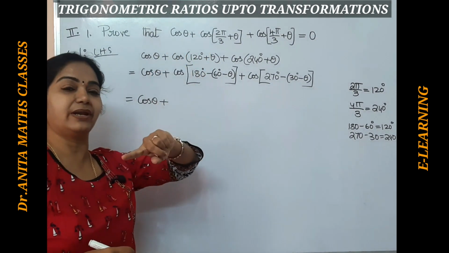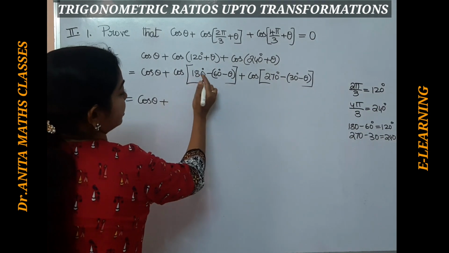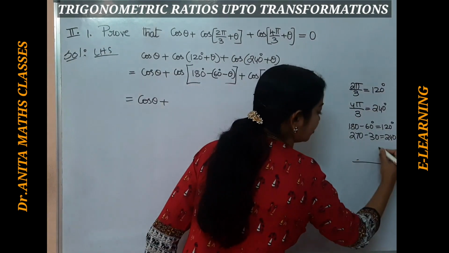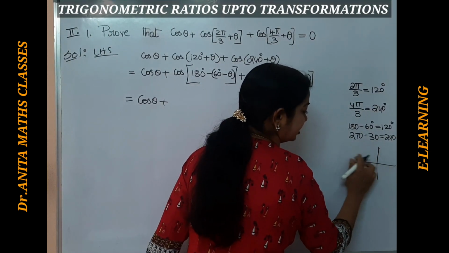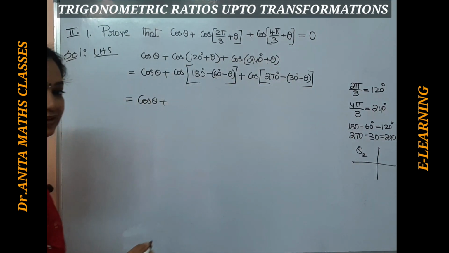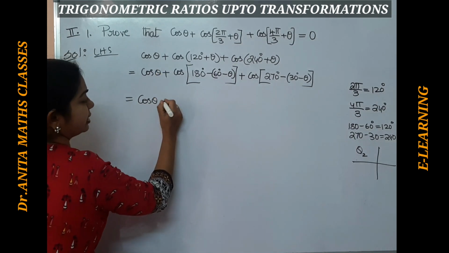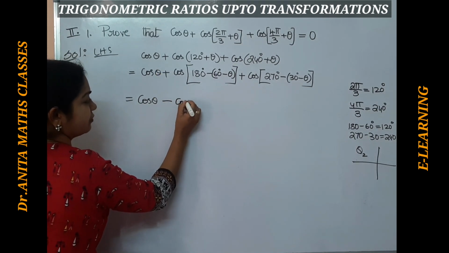So 180 minus theta is in the second quadrant. In the second quadrant, if you are doing the four quadrants, 180 minus means somewhere here in Q2. In Q2, sine is positive and all others are negative. So this will become minus cos of theta.